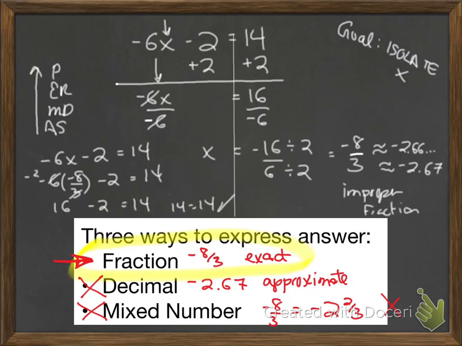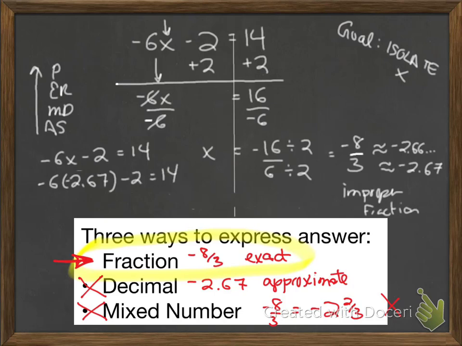Okay, let's say instead of doing that, let's say I had instead tried to use a decimal. Okay, so that is going to give me negative 6 times negative 2.67 minus 2 equals 14. Well, what is negative 2.67 times 6?